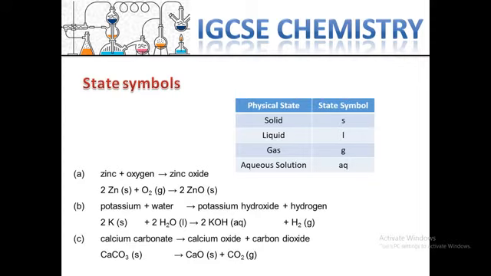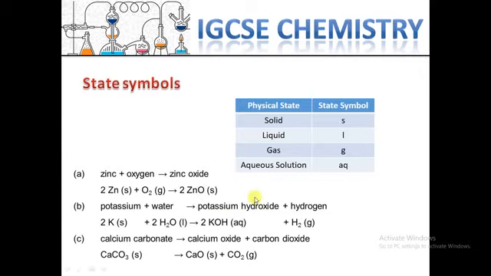So if you have an S symbol in a chemical equation, like here, there are three examples of a chemical equation. Here, zinc oxide is S. That means after the equation, you will get a solid state or solid phase of your product.